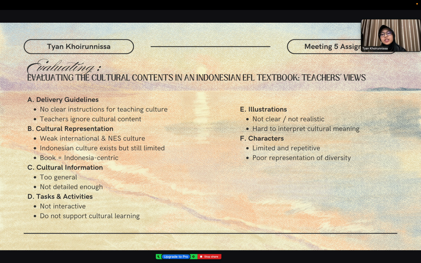C, cultural information too general, not detailed enough. D, tasks and activities not interactive, do not support cultural learning. And then E, illustration not clear or not realistic, hard to interpret cultural meaning. F, character limited and repetitive, poor representation of diversity.